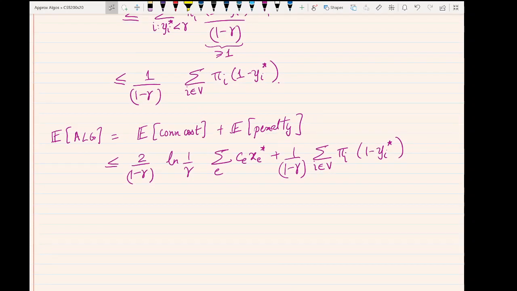So this is cool, and right now what we are going to do is do something similar to what we did in the deterministic case. We have a trade-off on both counts and we are going to balance it using an appropriate value of gamma.